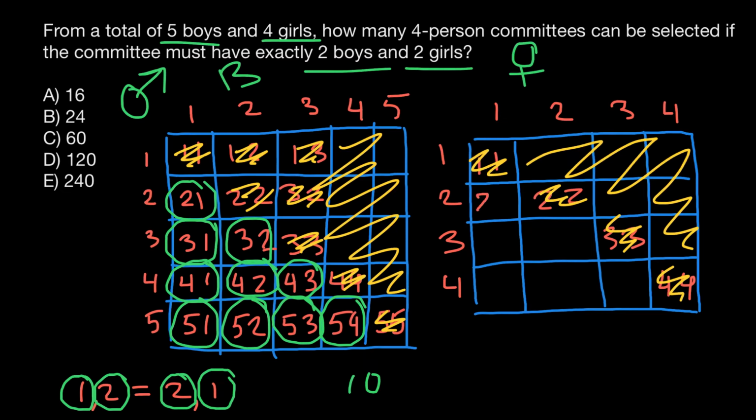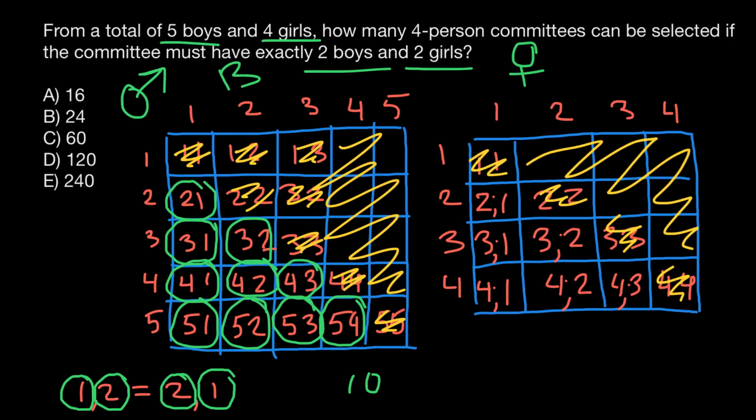We may have 2 and 1, 3 and 1, 4 and 1, 3 and 2, 4 and 2, and 4 and 3. Again, this is not twenty-one or thirty-one. This is girl number 2 and 1, girl number 3 and 1, girl number 4 and 1, and so on. Each number here stands for a unique individual.